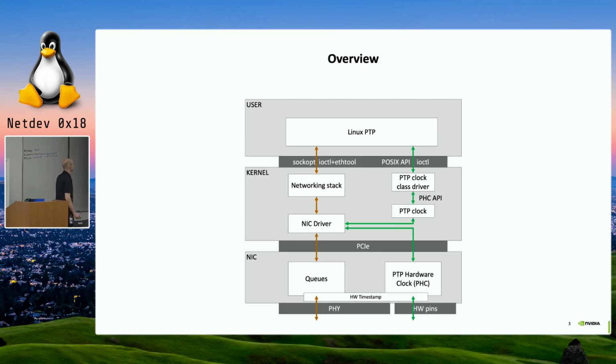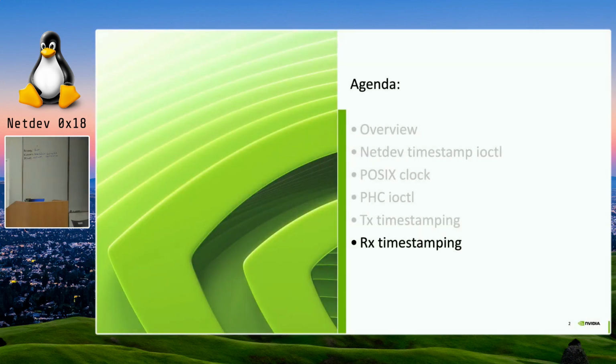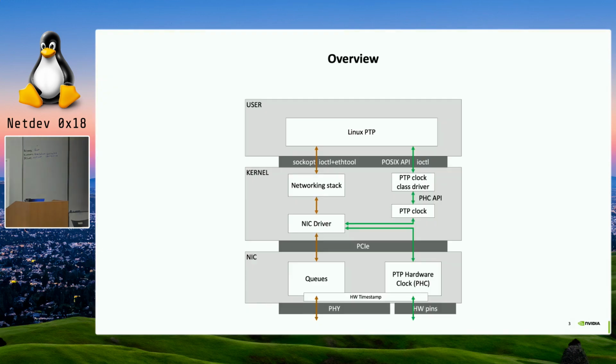So let's get started. This is the block diagram, an overview of what components there are inside the kernel. In user space, we run our tools. Usually it will be ptp4l from the Linux PTP suite.